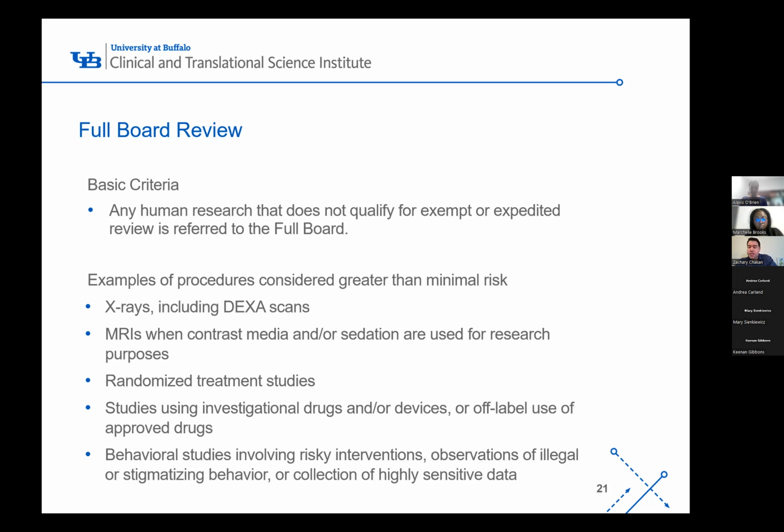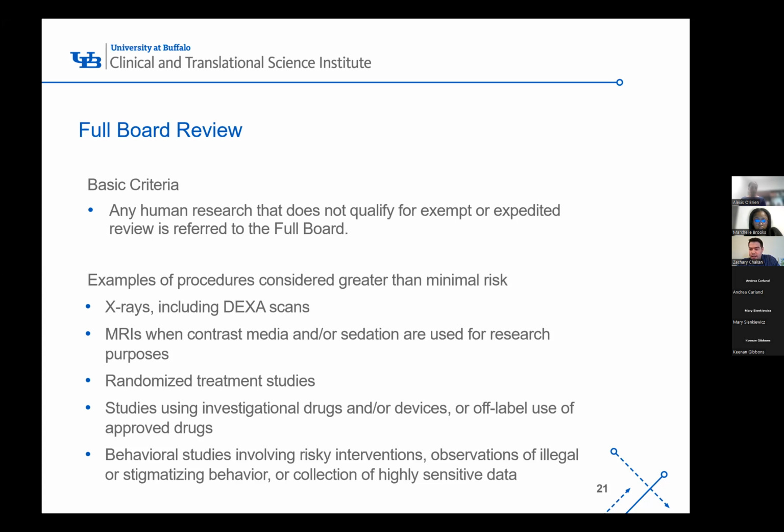Some examples of procedures that are considered greater than minimal risk: X-rays, including DEXA scans, MRIs with contrast media or sedation that are used for research purposes. Not if it's done for a clinical reason, but if the sole purpose of that happening is for the research, then that would be considered greater than minimal risk.